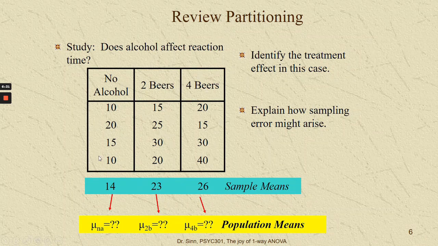But as you have more variability within the groups, these sample means become less and less accurate, and they do a worse and worse job of representing the mu's. But just remember, the essence of this is you calculate sample means, but you don't really care about whether the sample means differ. You care about whether the population means differ.